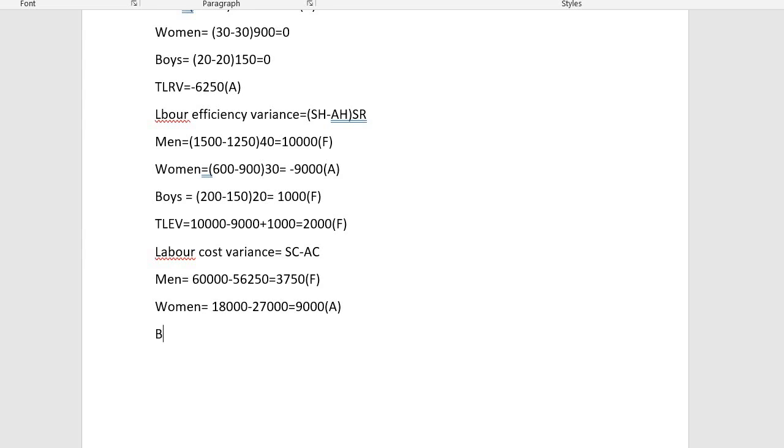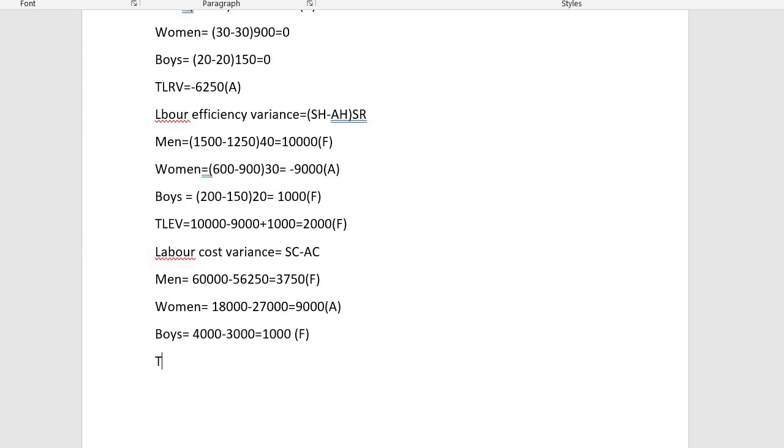Next for boys, standard cost is 4,000, actual cost is 3,000. The difference is 1,000, which is favorable variance.